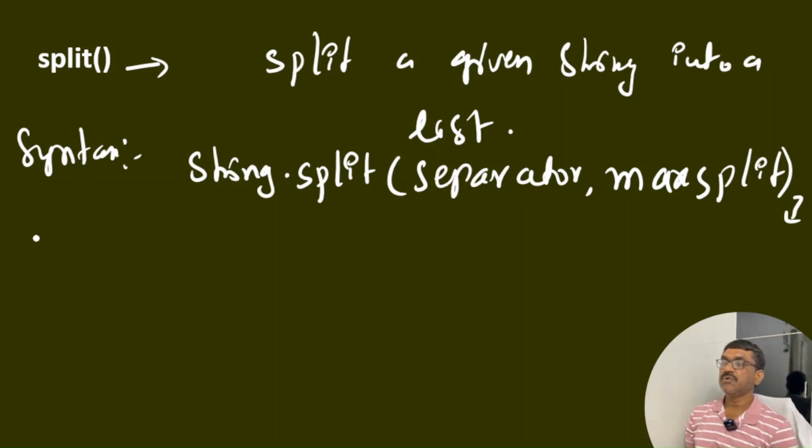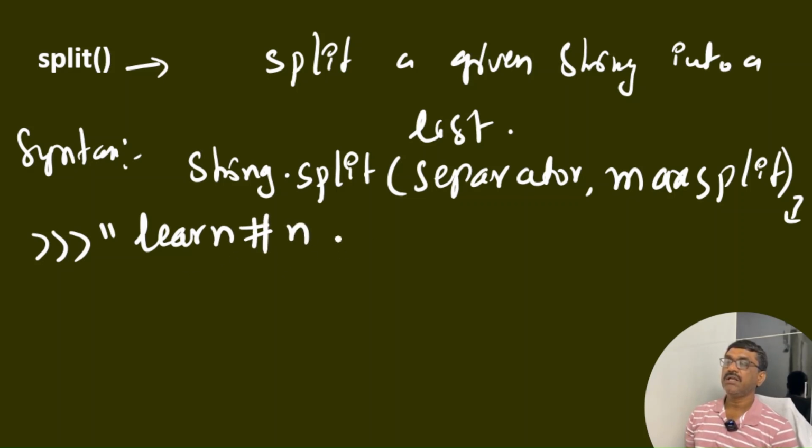Let us take an example. So go to the Python shell. Here, you type the string like this in double quotes. I'm going to type learn, after that hash, learn, hash, again learn, hash, and again I'm typing code, after that hash.